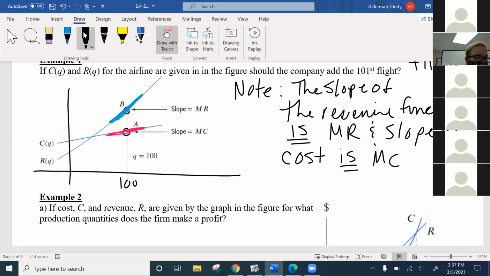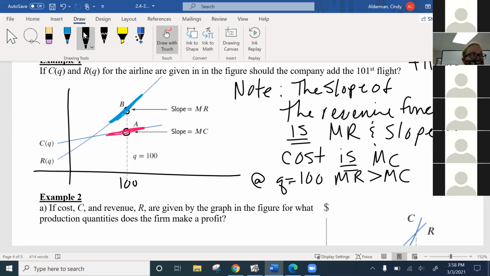So what can we say at Q equals 100? If we decide right now we're making 100, and remember, we're trying to decide whether we should have 101 flights. So we're not going to look at 101, we're going to look at 100 and see what's going on at 100. At Q equals 100, we can see that marginal revenue is greater than marginal cost.